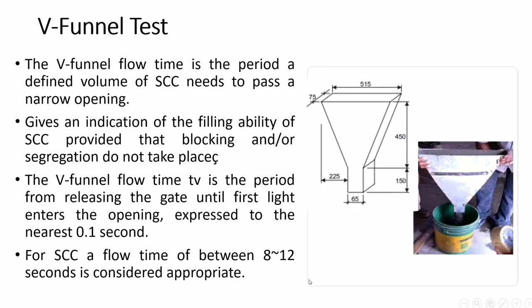The V-funnel flow time TV is the period from releasing the gate until first light enters the opening, expressed to the nearest 0.1 second. For SCC, a flow time of between 8 to 12 seconds is considered appropriate.